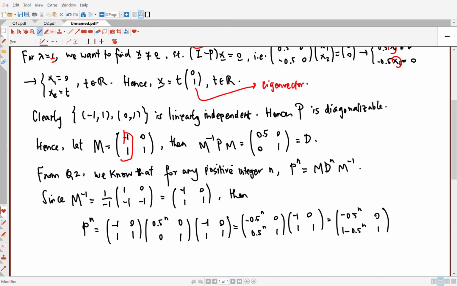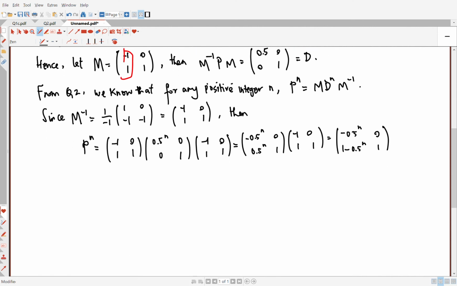Okay, good. Then we can find P to the power of n multiplied by x0, and this is simply 0.5 to the power of n, 0; 1 minus 0.5 to the power of n, 1, multiplied with (a, b). This is equal to what?